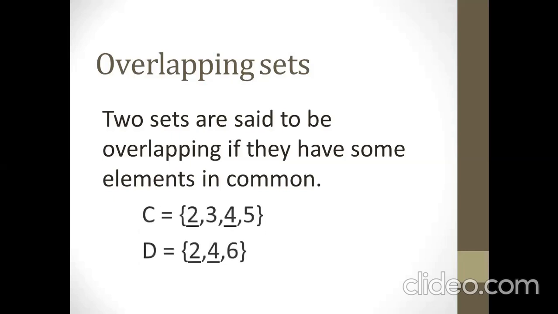For example, if we have two sets C and D, C with elements 2, 3, 4, 5, and D with 2, 4, and 6, then we can see that 2 and 4 are also elements of set D. We have a few more elements in set C, which are 3 and 5, and in D we have one more element, which is 6.